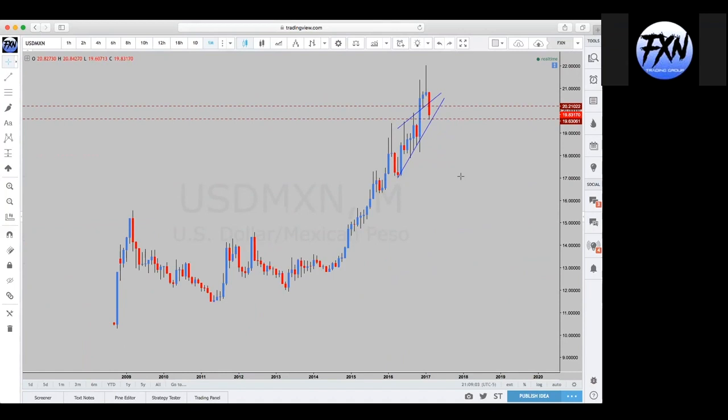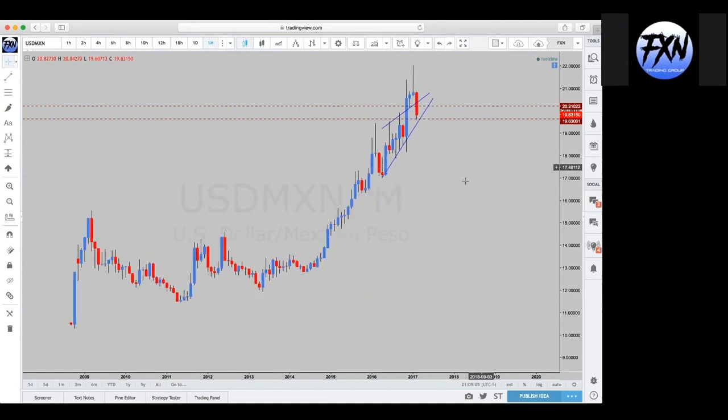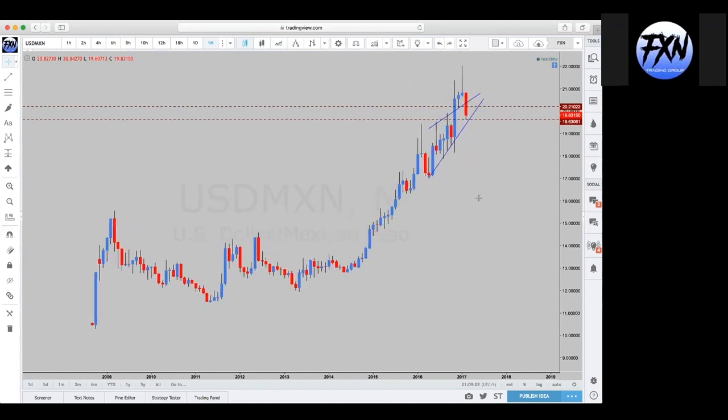What is one thing that you see in this currency since 2009? It's always gone up. It's always in an uptrend, right? It's never technically been in a downtrend, right? So that's the first thing you should know about USD Mex.